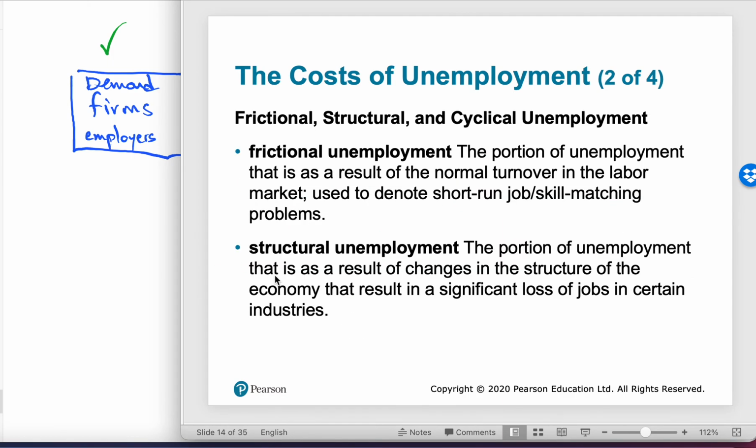Let me tell you in the next slides, frictional unemployment is the portion of unemployment that is a result of normal turnover in the labor market, used to denote short-run job or skill matching problems. So if Mohsen is working and he decides to leave the market because he thinks he can get a better job, although the unemployment rate is increasing, because it is the choice of Mohsen, and because it is a temporary, short-run issue, we consider it frictional.